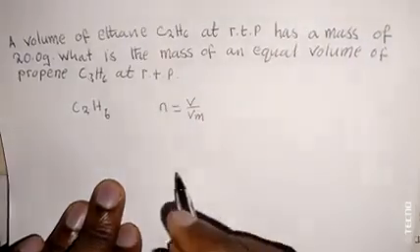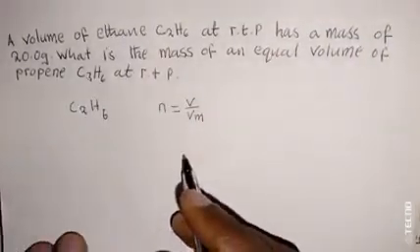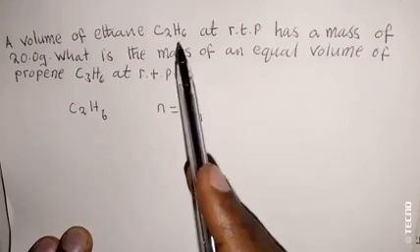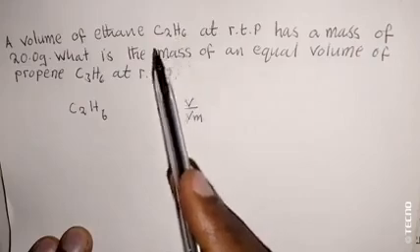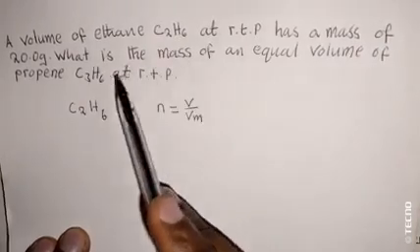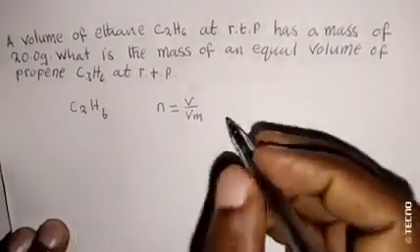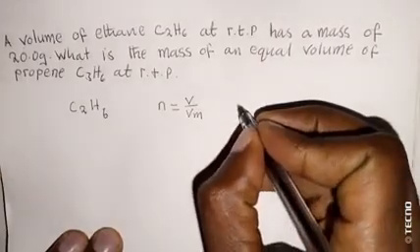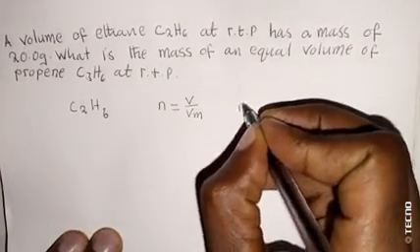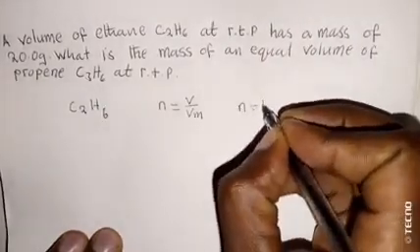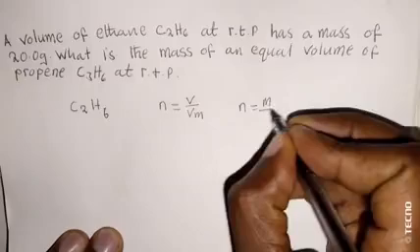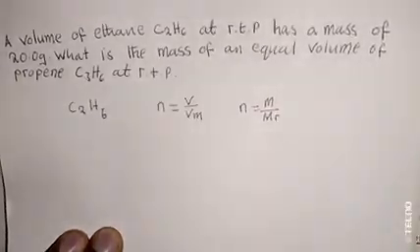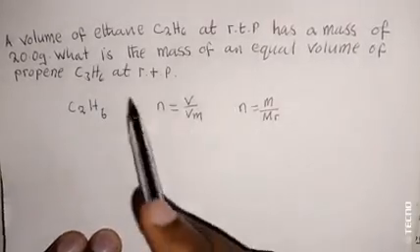Do we have the moles of ethane? No, we don't have. So we need to find the moles of ethane. To find the moles of ethane, we have this formula, n is equal to mass over Mr. We are going to use this formula to find the moles.